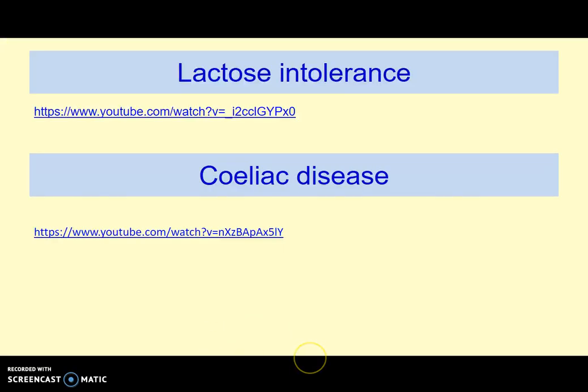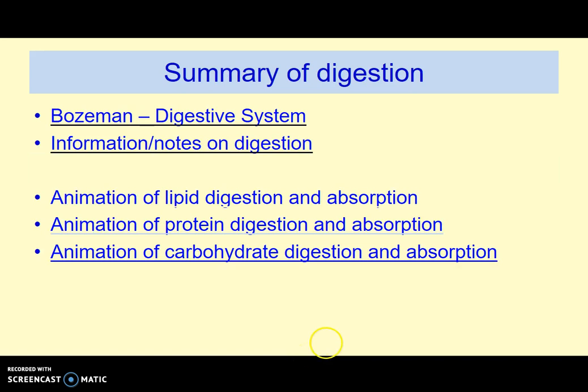In terms of extra places you can go, Bozeman does a really nice video that summarises digestion. Here are some extra notes for you to read, and these animations go over the digestion and absorption of those three groups of molecules. So it's worth looking at those as well.